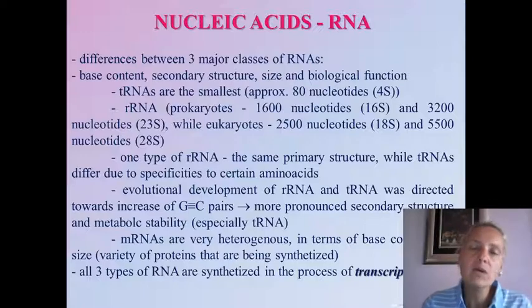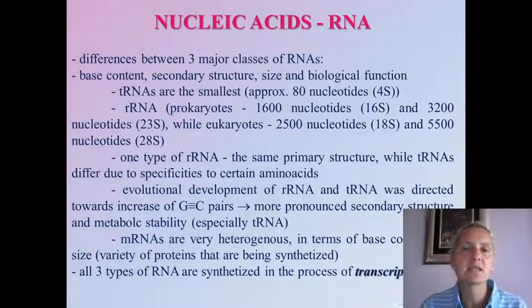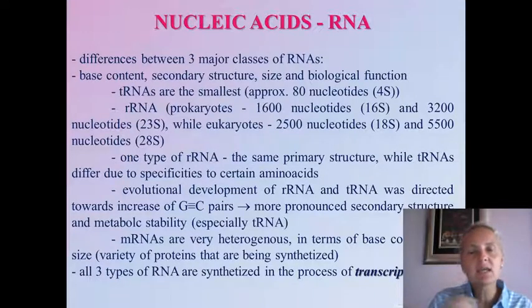So one type of RNA can have the same primary structure, but tRNAs differ due to the specificity for certain amino acids. Also, speaking of differences in the base content, during evolution, the development of rRNA and tRNAs went in the direction that they contain more guanine-cytosine base pairs.